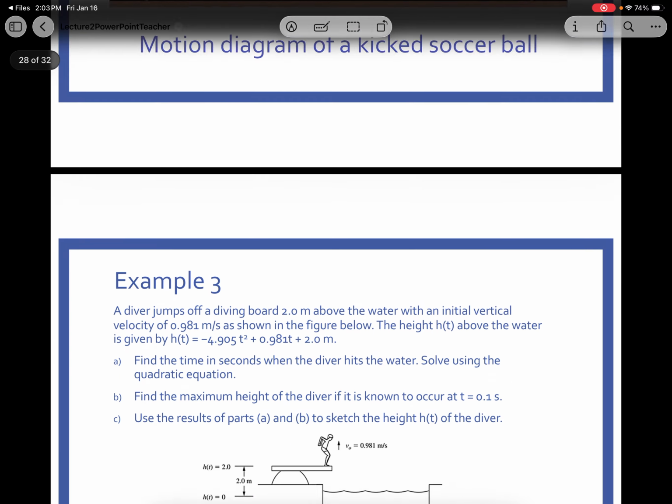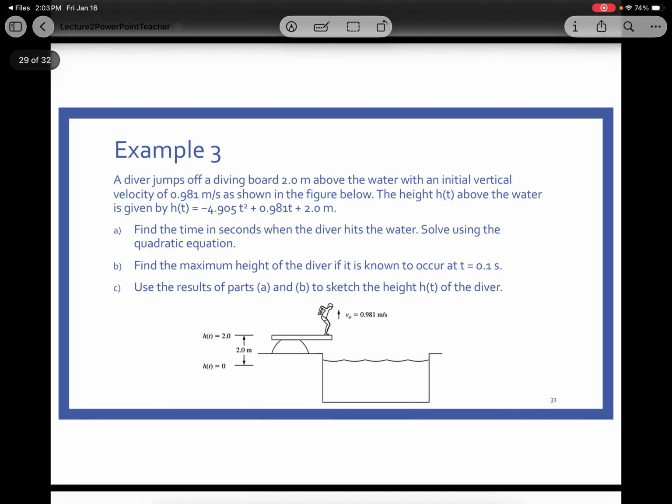Okay, let's work on an example problem using the quadratic equation to solve this projectile motion problem where somebody is jumping off of a diving board.